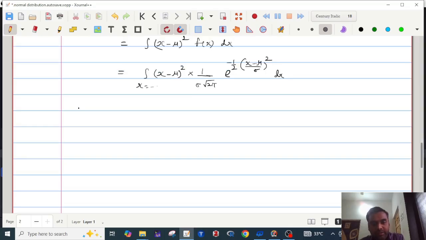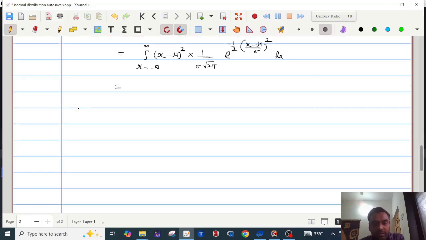X is from minus infinity to infinity. Take the constant 1 upon sigma root 2 pi outside. Integration x from minus infinity to infinity, x minus mu bracket square multiplied by e raised to minus 1 half x minus mu upon sigma bracket square dx.